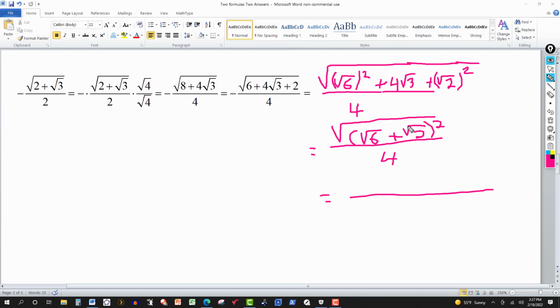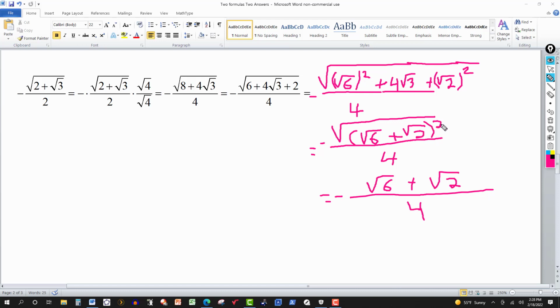Assuming this is correct, that step there, this should be the square root of 6 plus the square root of 2. And again, keep in mind, I keep forgetting my minus, so it's just a minus all the way across here. Minus over 4. And that would be your answer, assuming this squared does give me that.